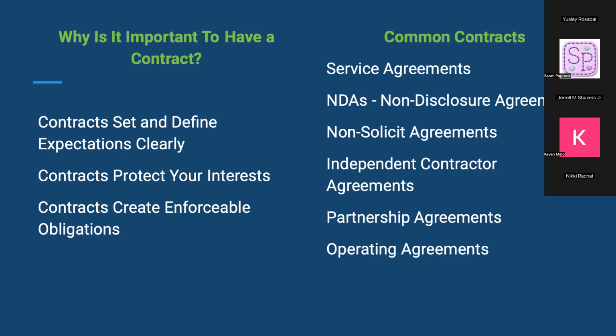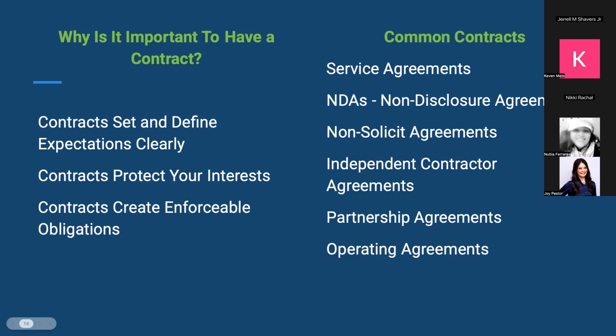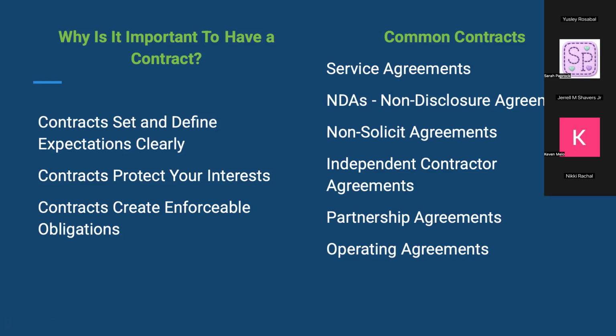If you ever have to go to court, or you want to really prove that your business is legitimate, an operating agreement is going to do that for you. And that's something you can get. There are templates online that will walk you through, and I have some as well that are just super important and helpful for you to have in your back pocket to reinforce the legitimacy of your business.